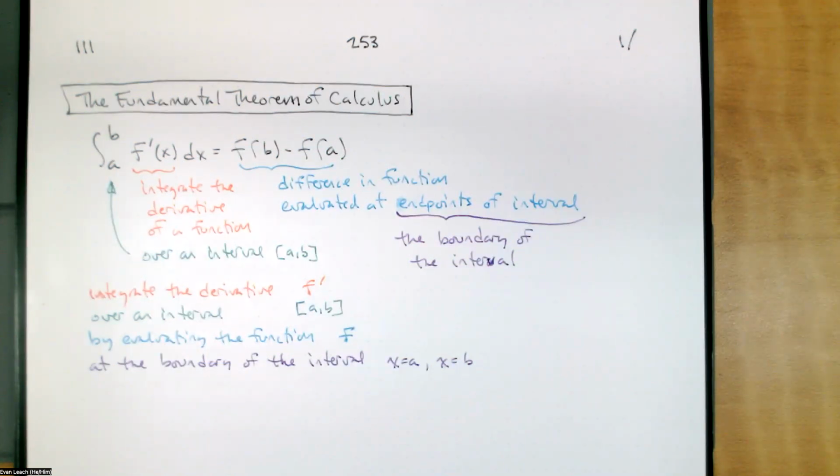An old idea, we're just highlighting some new parts of it. Integrating a derivative over an interval by evaluating the function at the boundary of the interval. This is our new theme. Integrate a derivative over a set by evaluating the function at the boundary of the set.